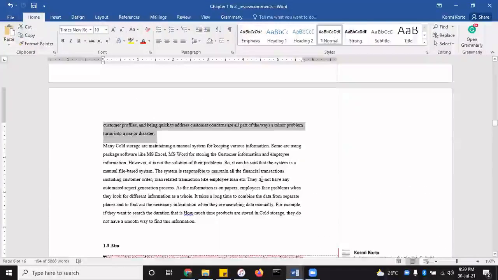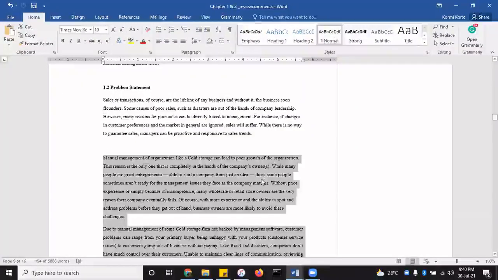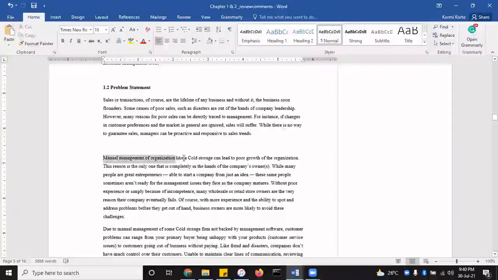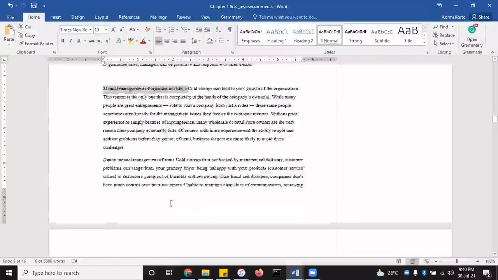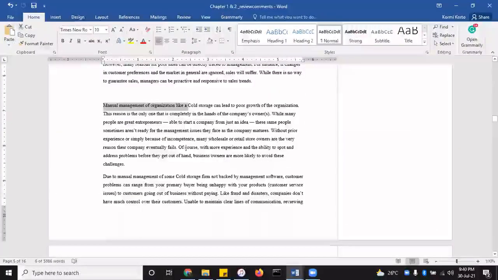So he still hasn't talked about much of any unique or key problem statement besides the manual part. If you go through all of this, you notice you can summarize his key problem statement as just manual management of cold store businesses.